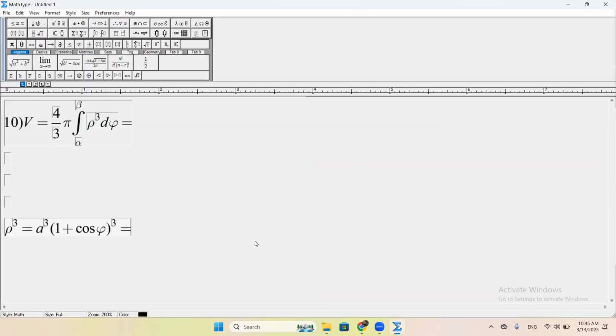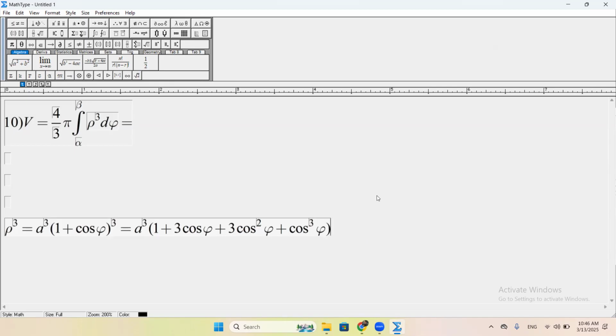So let's expand the brackets: 1 plus 3 cosine of phi, plus 3 cosine squared of phi, and plus cosine cubed of phi. And that must be all that we need.